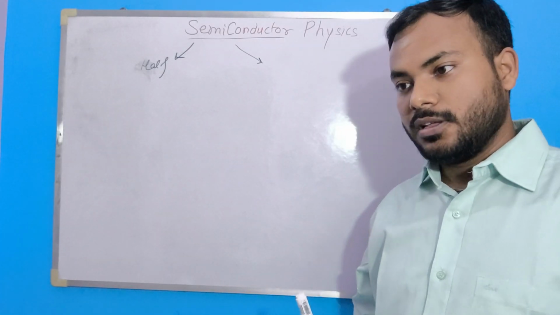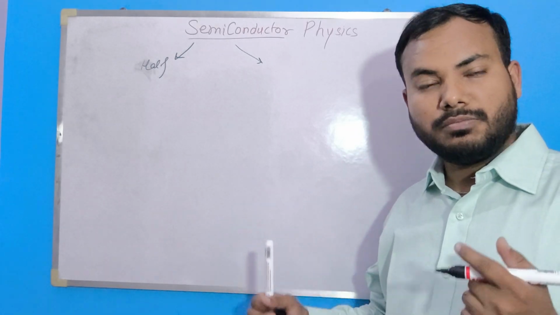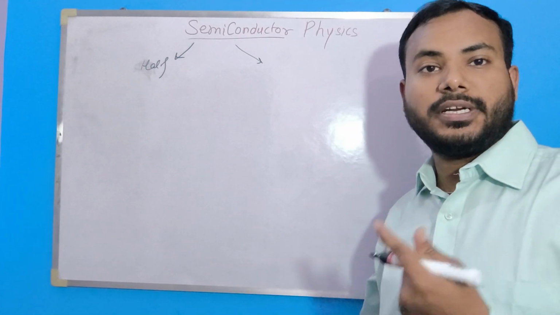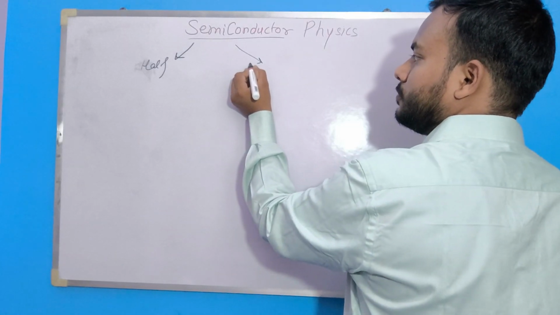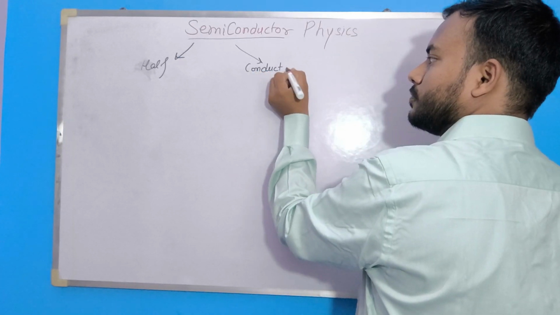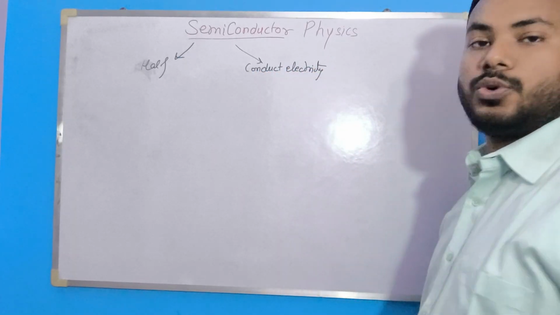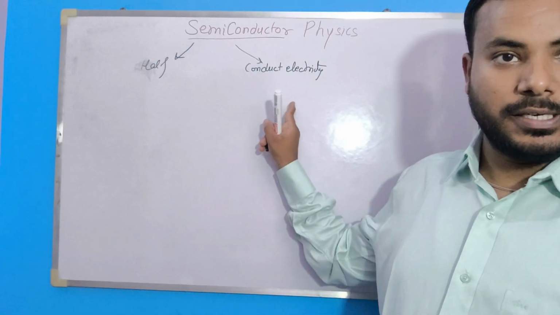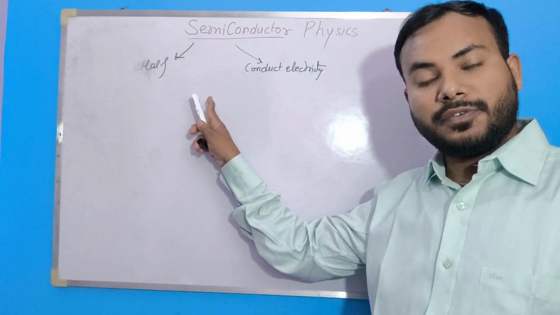A semiconductor comes in between the insulator and the conductor. So conductor conducts electricity, and semi means half. This means it will conduct half.